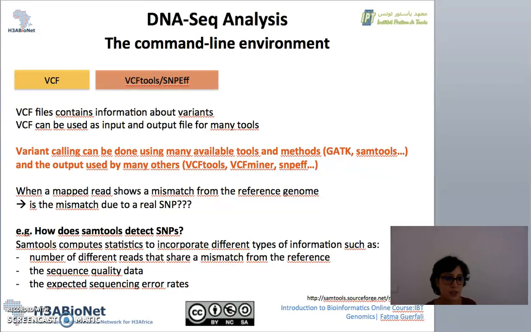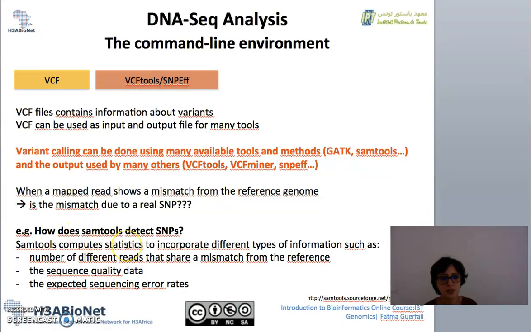At this stage, it is important to know that the VCF has to contain the information about variants. So a first step would be to call these variants. But these VCF files can also be used as input and output files for many other tools that would allow you to annotate these variants. The way to annotate that is done by some tools, like SAMtools, for example.